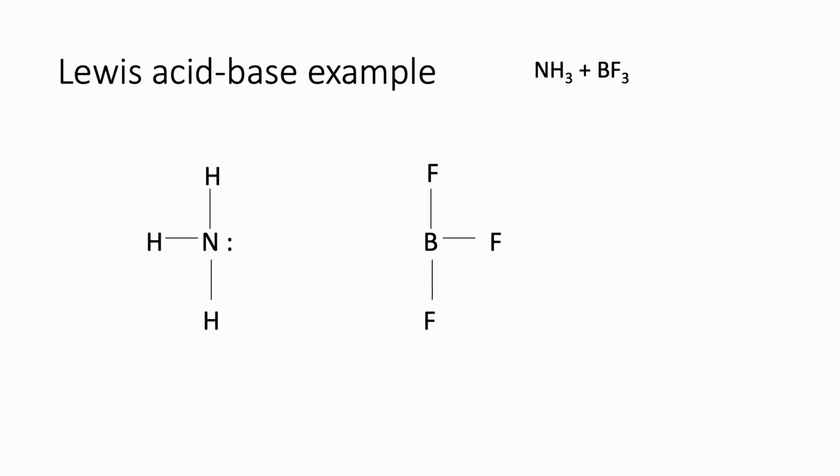It only has 6 electrons. So the idea behind Lewis acid-base interactions is that you have the non-bonding pair going and latching on to something that has an open orbital. In the previous examples with a proton, of course the proton has an open orbital because it has no electrons whatsoever. In this case, we have other electrons, but we do have one empty orbital, and then that forms a bond.